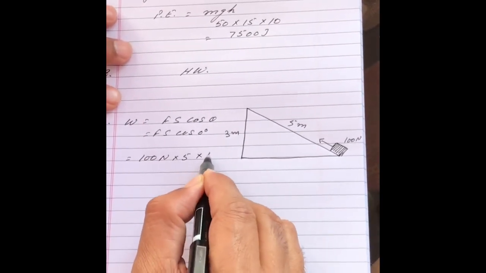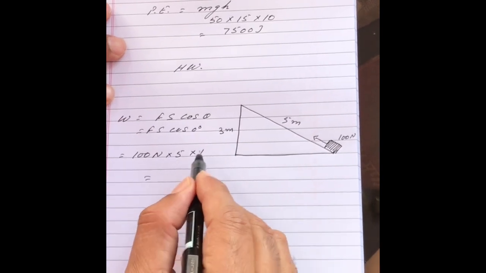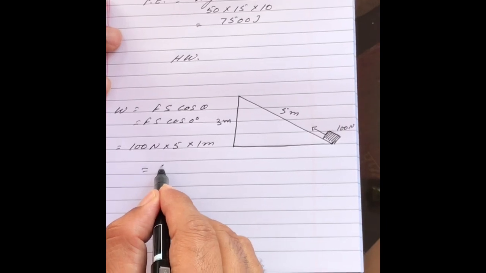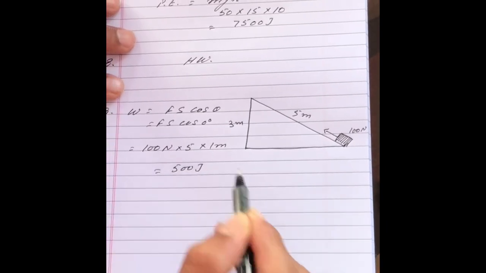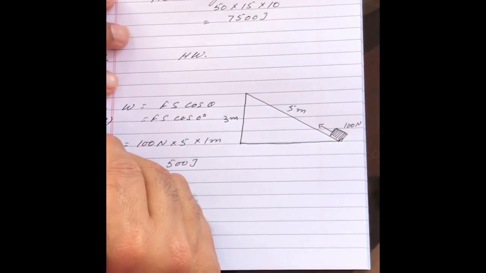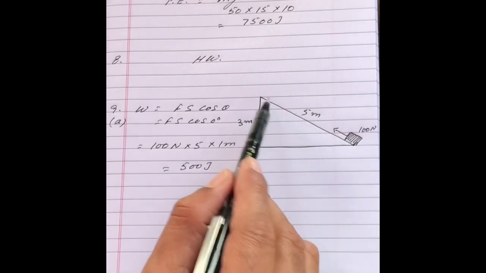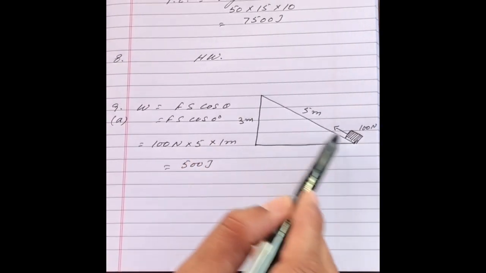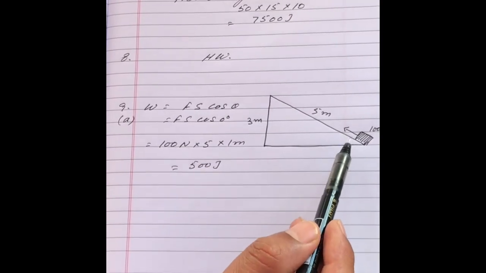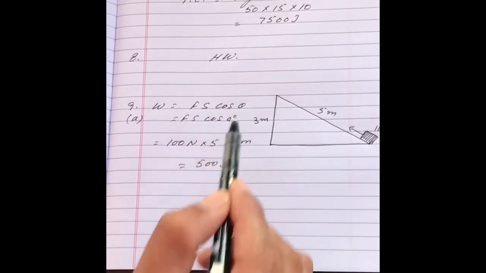Cos 0 is 1. So it will be 500 Newton meter, that is 500 joule. So work done in part A will be 500 joule when 100 Newton force is applied to pull the block by distance of 5 meter, because force is in the direction of the pull, so we take theta as 0.